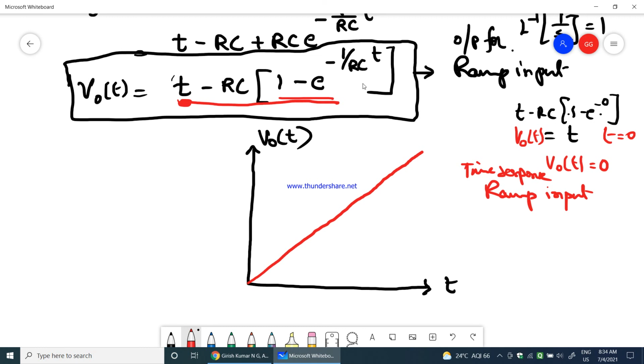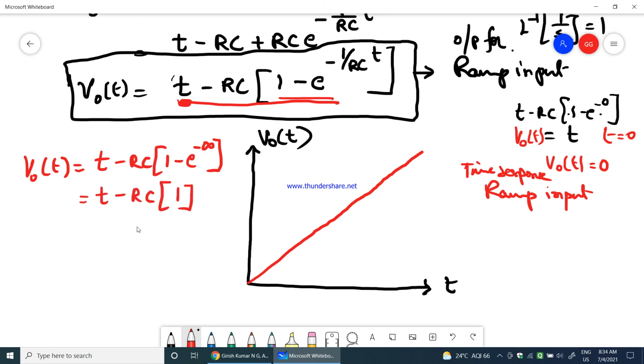So what would be the steady state response? See, v out of t would be equal to t minus rc into 1 minus e power minus infinity. So it is t minus rc into 1, but t tends to infinity, so infinity minus rc will be equal to infinity.